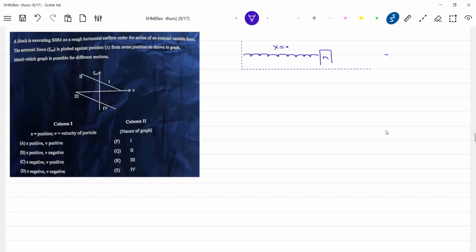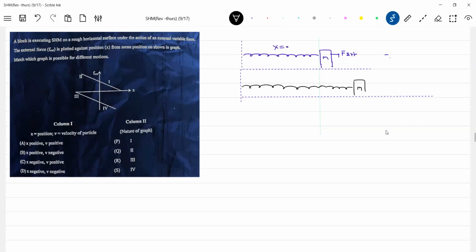The spring is relaxed. I'm going to apply an external force. That external force will be greater than the frictional force. That external force will be acting here, along with the frictional force and spring force.